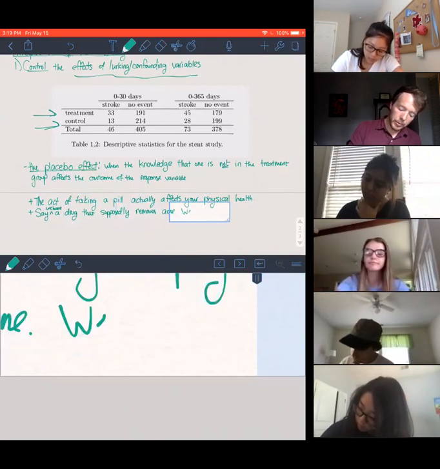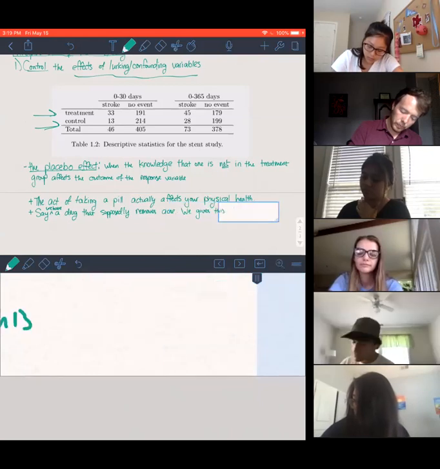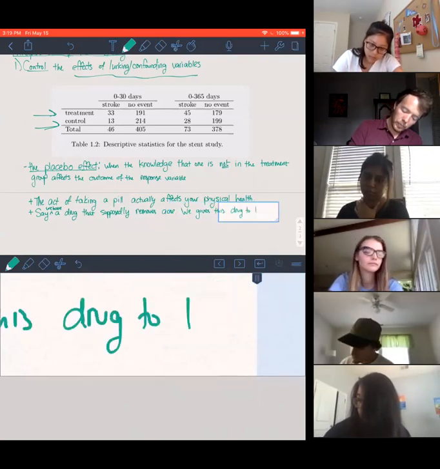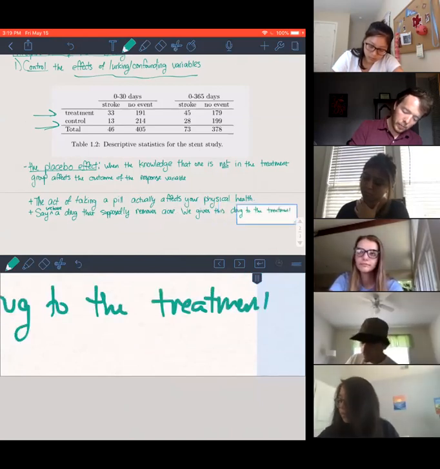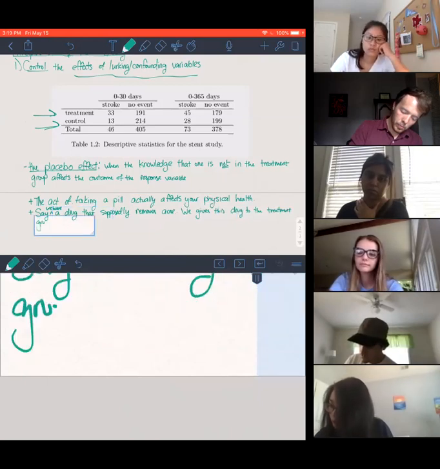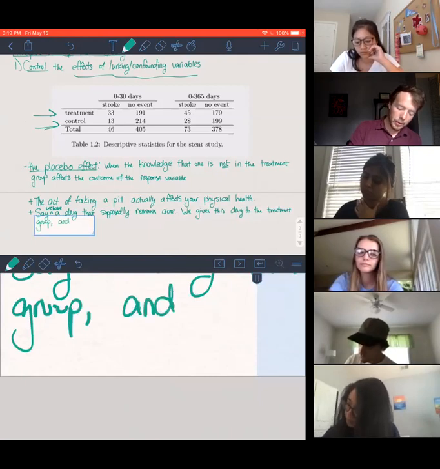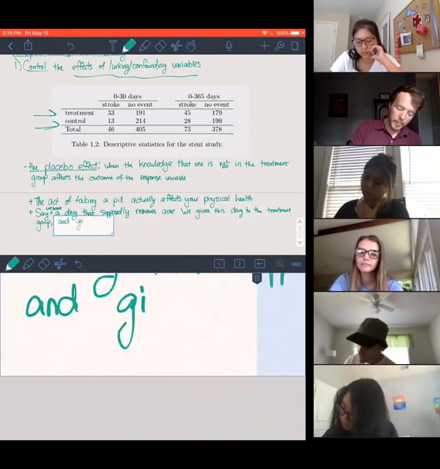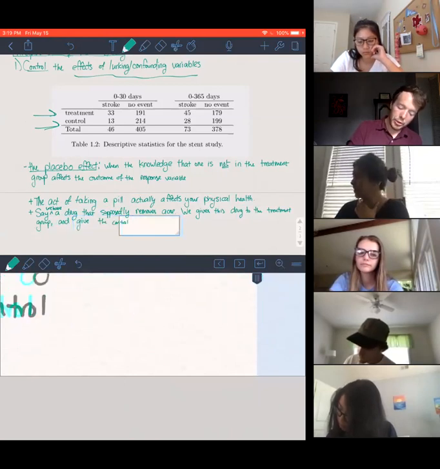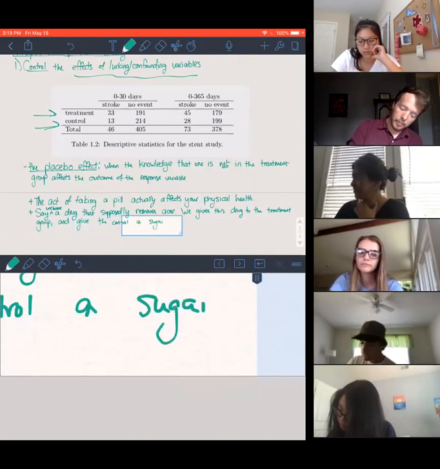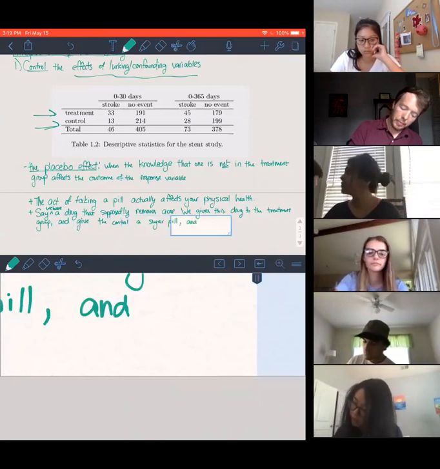We give this drug to the treatment group, and give the control group a sugar pill. Telling neither group which they got.